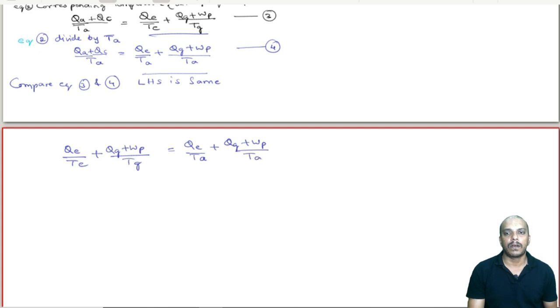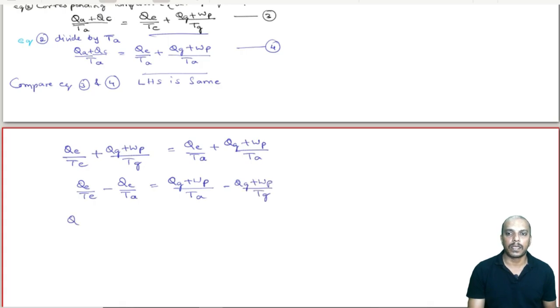Now, I will try to separate the similar terms. I will send this QE by TA to the left side. Then we will have QG plus WP common, by TG.